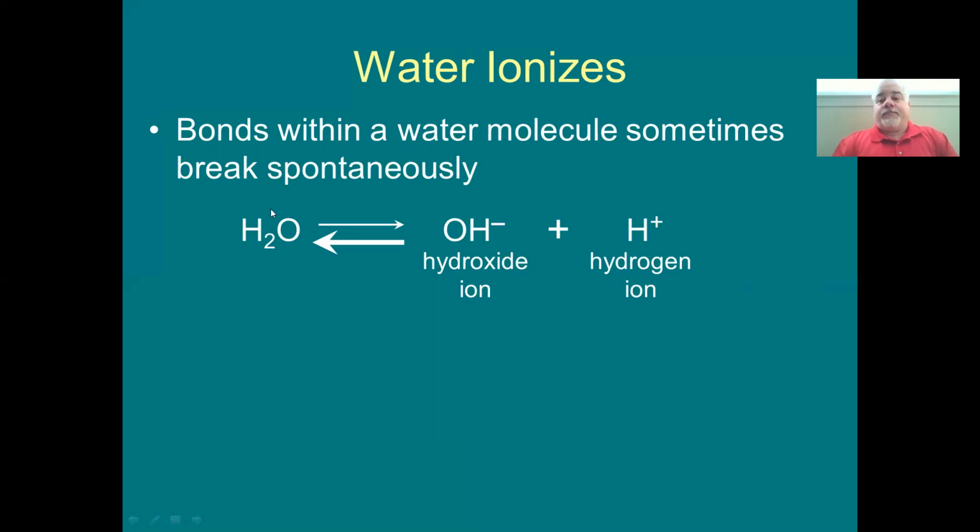But because there are trillions of trillions of trillions of water molecules, even in a glass of water, the percentage might be very low, but the probability is extremely high that some of them have ionized or broken apart at any given time into hydroxide and hydrogen.